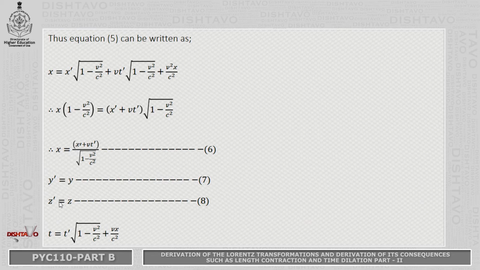Y dash is y, z dash is z, and now let us look at t equation. T was given as t equal to t dash square root of 1 minus v square by c square plus vx by c square. And here now let us substitute x as given by equation number 5.